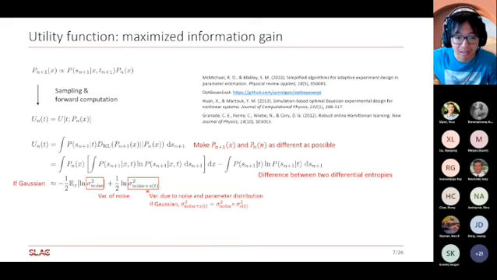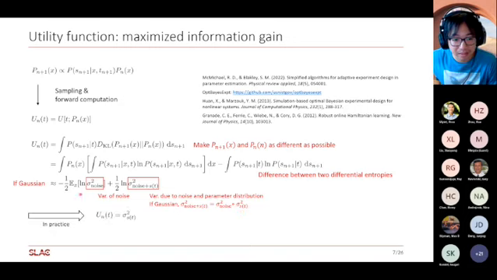If it's Gaussian, you can decompose this total variance into the sum of the variance of the noise and the variance of the simulated S of t. So this term reflects the uncertainties in your parameter estimations.